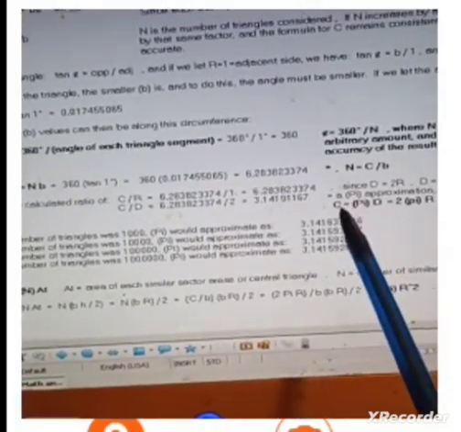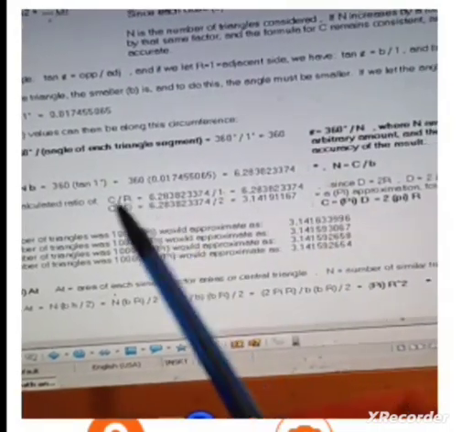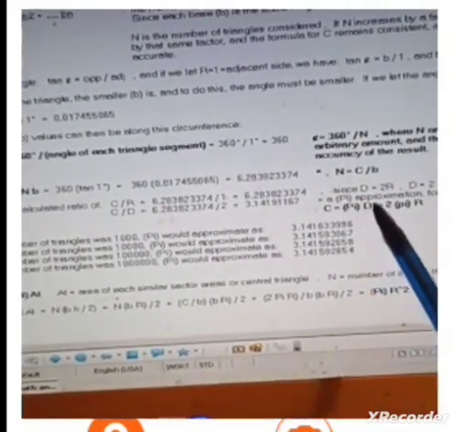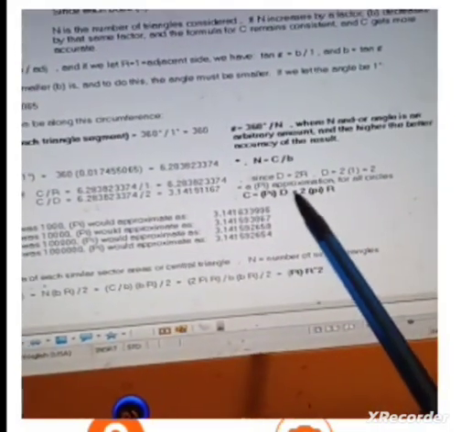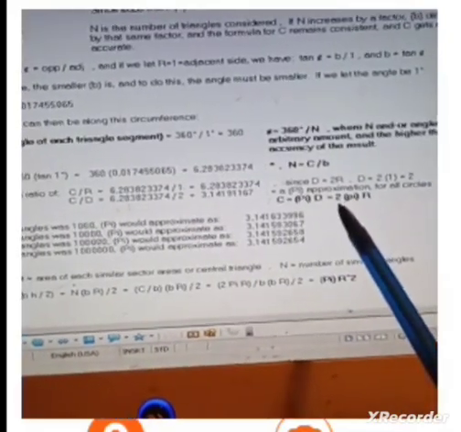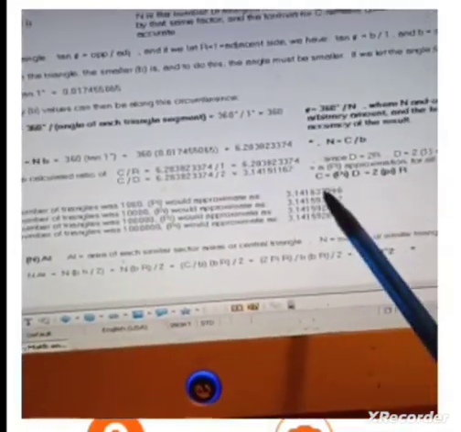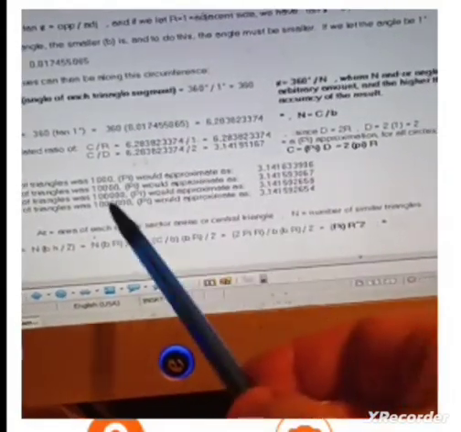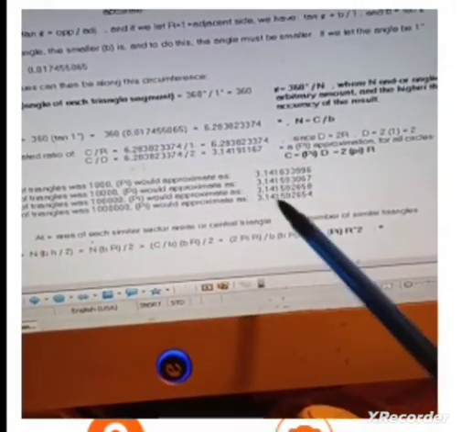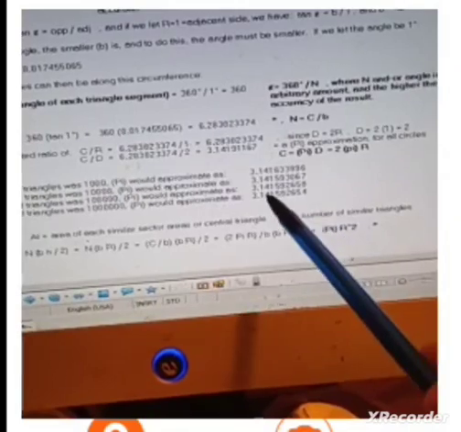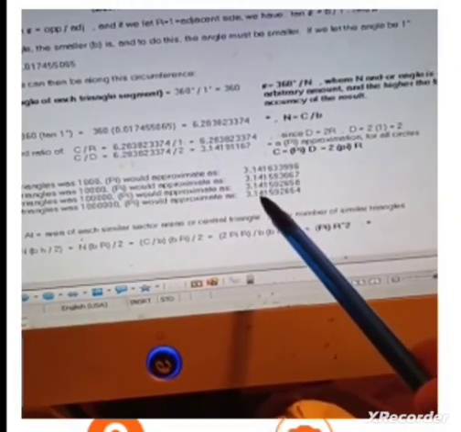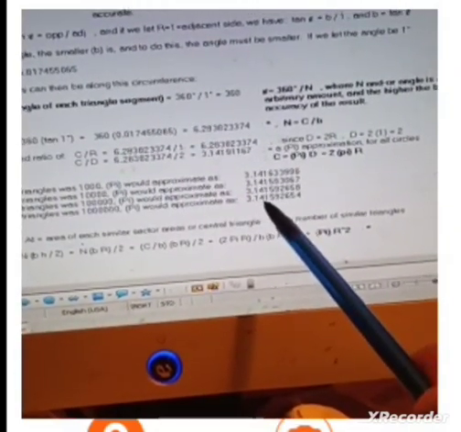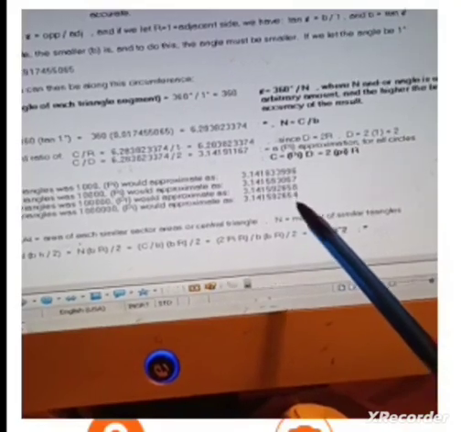So we have circumference equals pi times diameter, and that's equal to 2 pi r. The more terms you use, the closer it gets. I think this one was 1,000,000 terms, and I think it got 9 digits of precision past the decimal point.